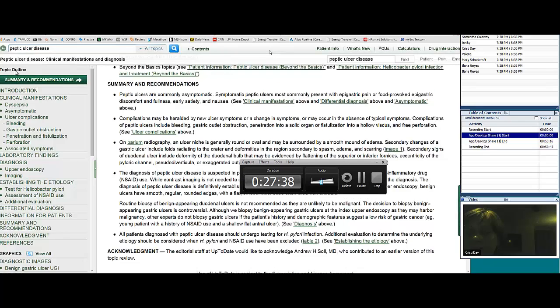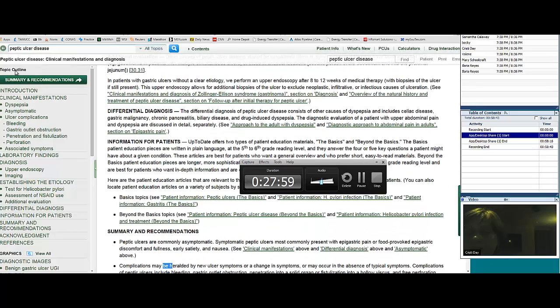Oh, with gastric ulcers and duodenal ulcers, look at the difference in presentation, because one of them starts 2 hours after a meal. And one of them, I think, let's look at the differences in there. Peptic ulcer disease, clinical manifestation, and diagnosis. Do y'all know which ones those are?